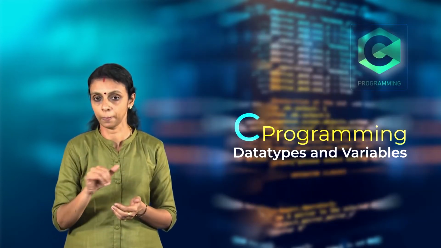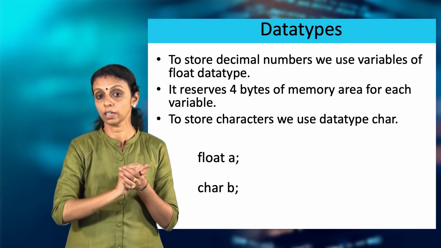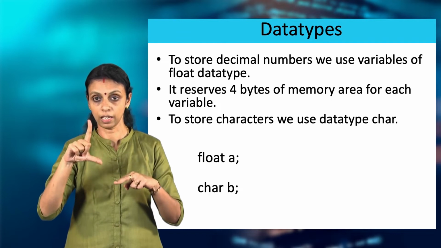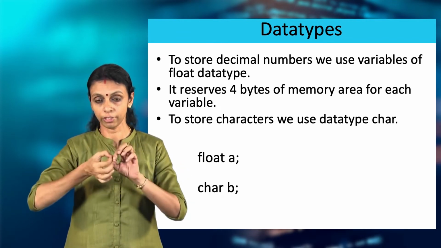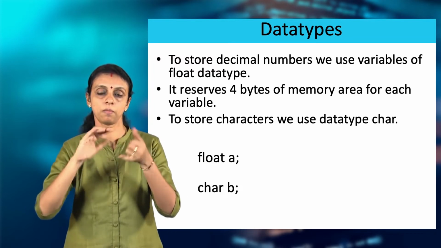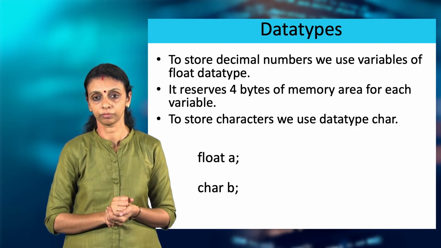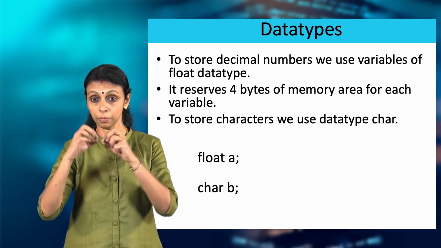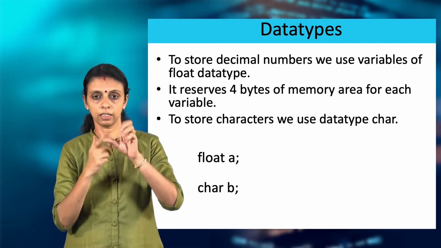Similarly, to store decimal numbers, we use variables of float data type. It reserves 4 bytes of memory for each variable. If we want to store characters, then use data type char, C-H-A-R.